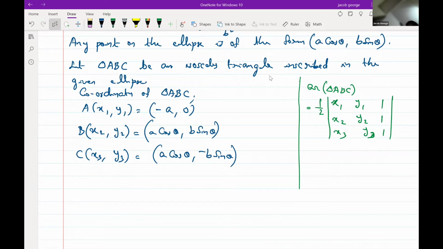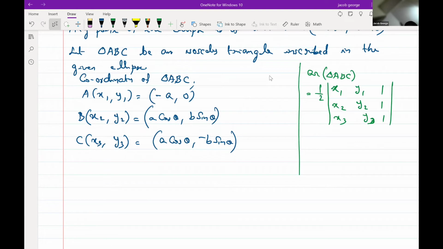So this is the area of triangle ABC formula, the determinant formula. According to the question, we have to find out the area of triangle ABC.